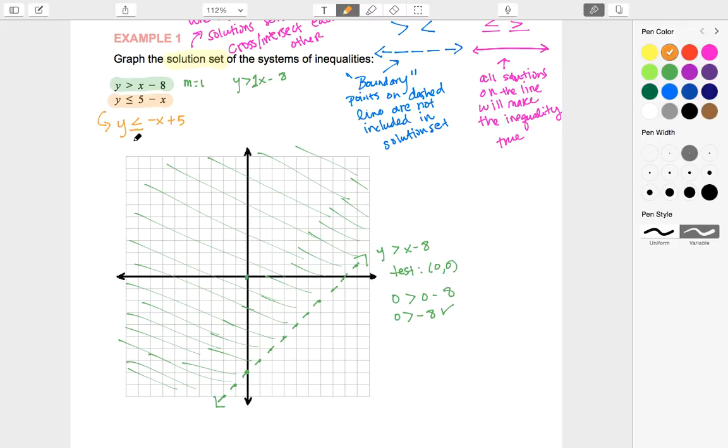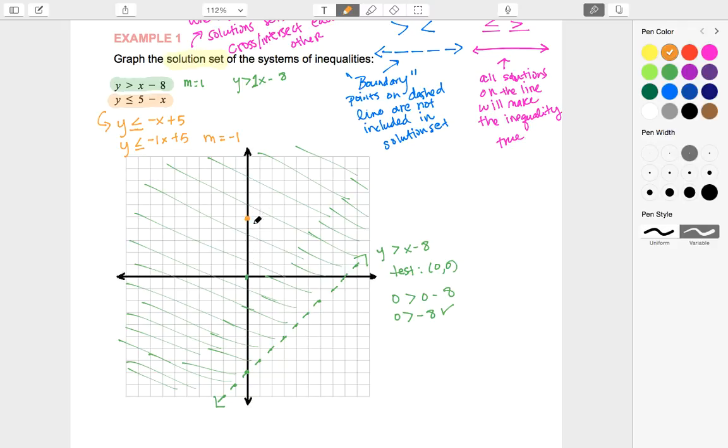Right here, this is also the same as y is less than or equal to negative 1x plus 5. That means our slope is negative 1 and our y-intercept is positive 5. So we're going to go ahead and plot this inequality and its boundary as well. We're going to start with positive 5. 1, 2, 3, 4, 5.